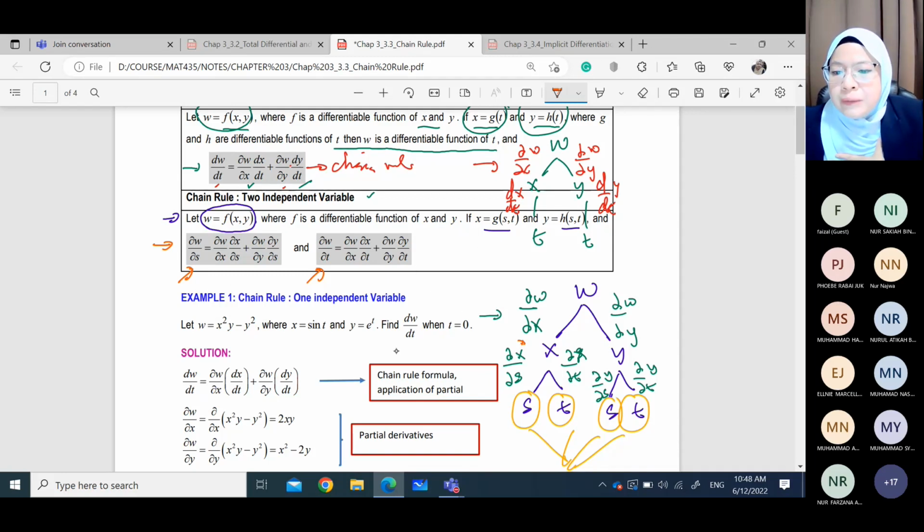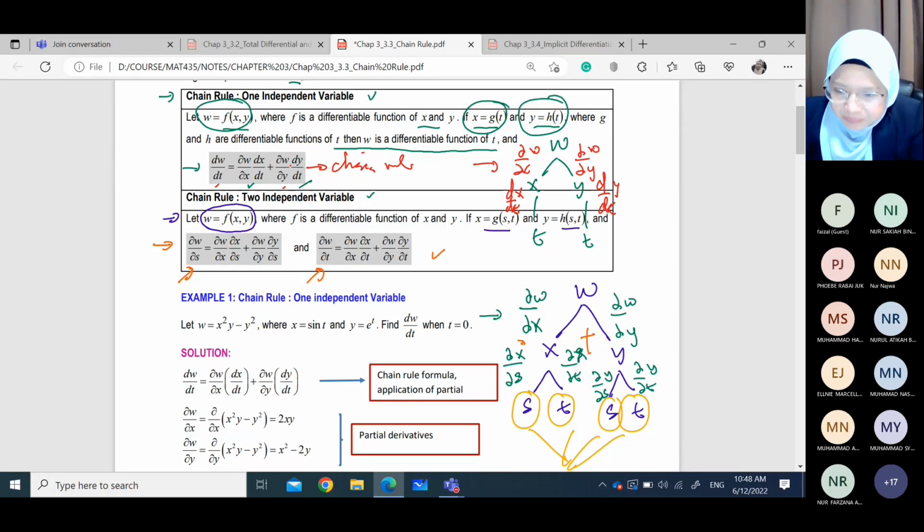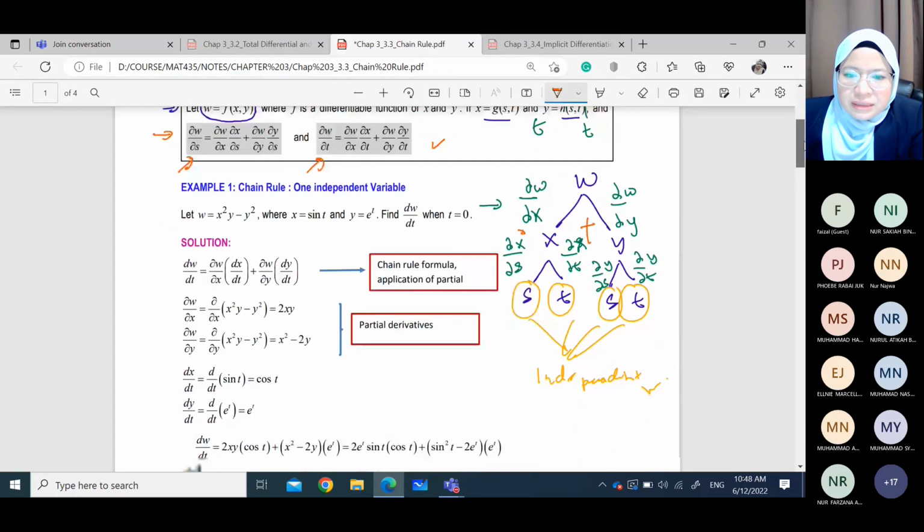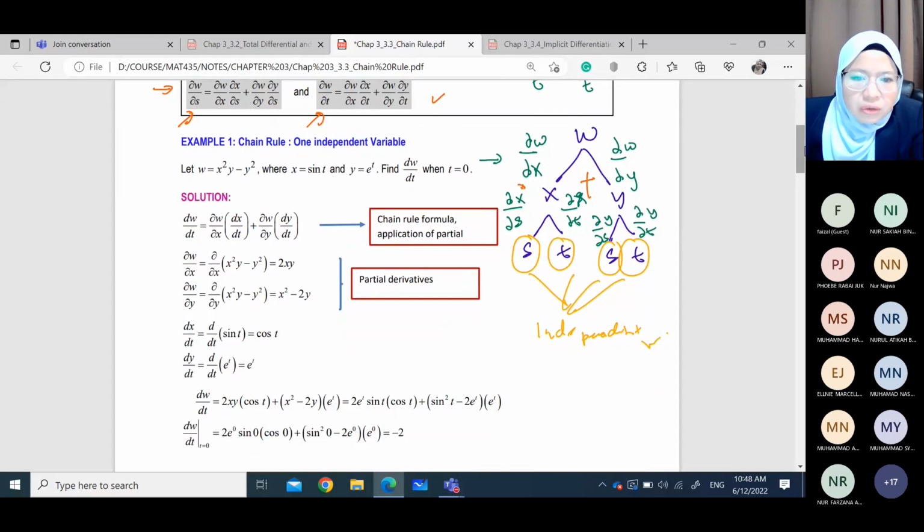So in this theorem, it involves two variables, which are S and T, and for W we have X and Y. Okay, do you understand, class? Any questions? None? Okay, if there are none, we can go faster.